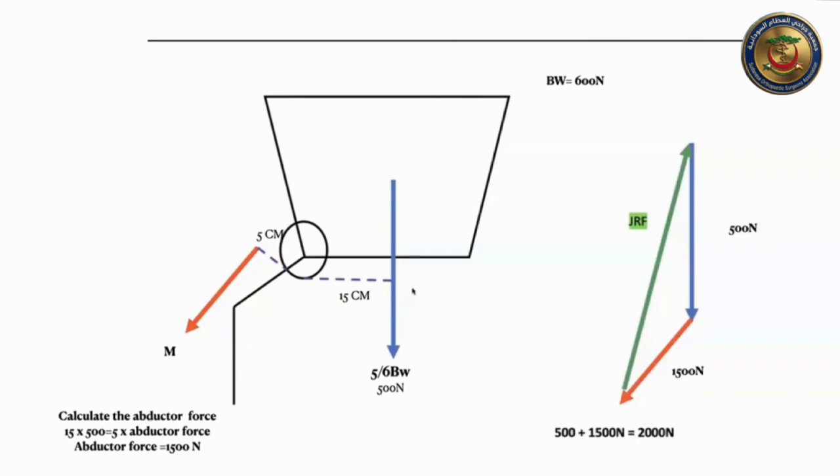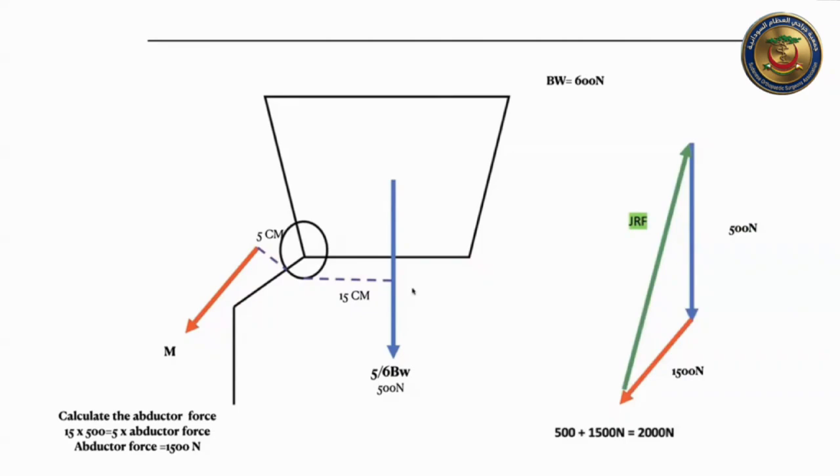So in an average individual with 60 kg weight, the body weight is almost 600 Newton. You know the force equals mass multiplied by acceleration. The acceleration of gravity is almost 9.8, multiplied by 60, which is almost 600 Newton. So the body weight here is 600 Newton.